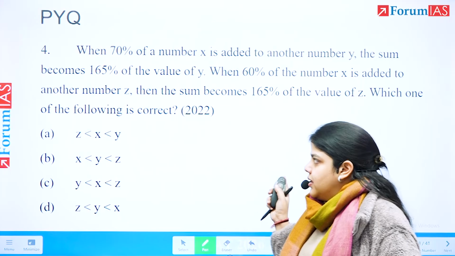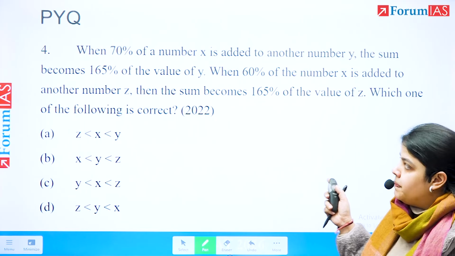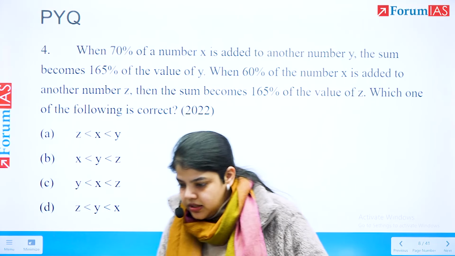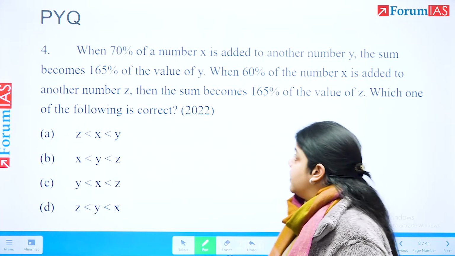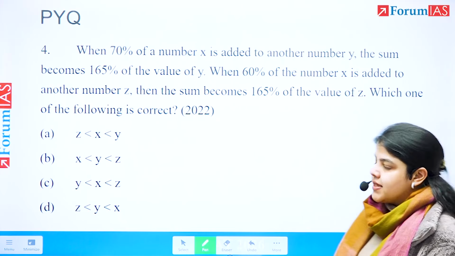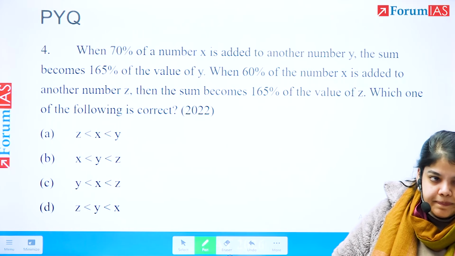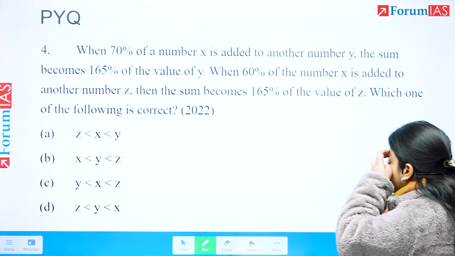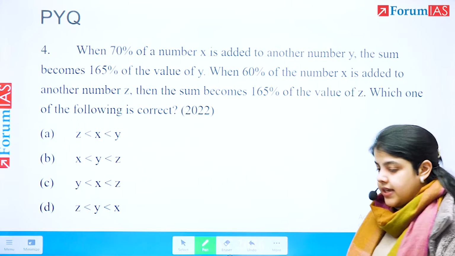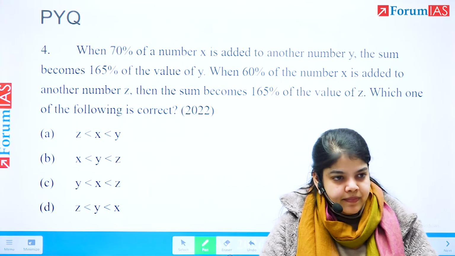So I want you, now this is another question. PYQ, yesterday's handout. When 70% of a number X is added to another number Y, the sum becomes 165% of the value of Y. When 60% of the number X is added to another number Z, then the sum becomes 165% of the value of Z. Which one of the following is correct?